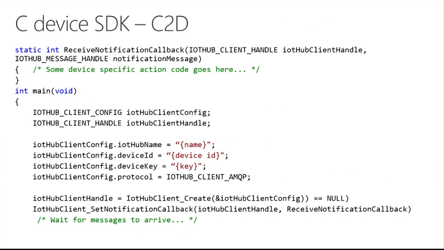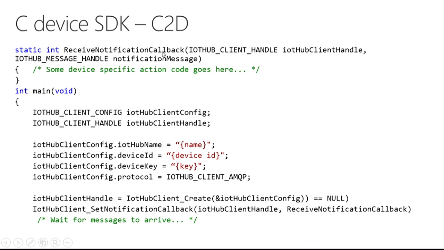I said before that we were going to show the snippets of how to do sends and receives from C. In this case, we see here a snippet of our C SDK on how to receive callbacks. Here, it's very easy. You create an IoT Hub client, and then you can set a notification callback, which is effectively your receive.